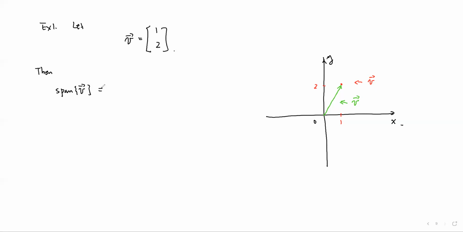Actually, this is the set of all vectors of the form alpha, where alpha is an arbitrary scalar, times (1, 2).